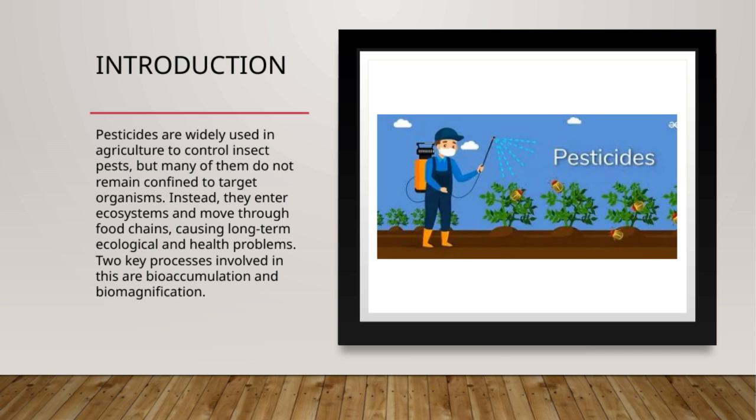Understanding these processes is crucial because they show us how pesticides can impact not just individual organisms, but entire ecosystems and, ultimately, human health. This connects directly to our overall theme of environmental safety and sustainable agricultural practices.